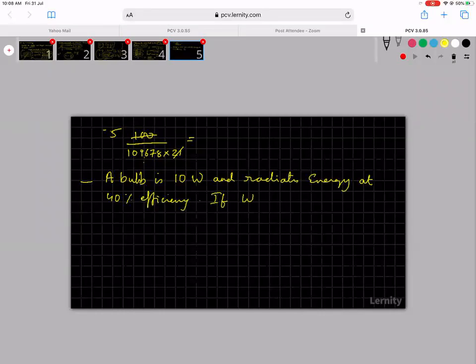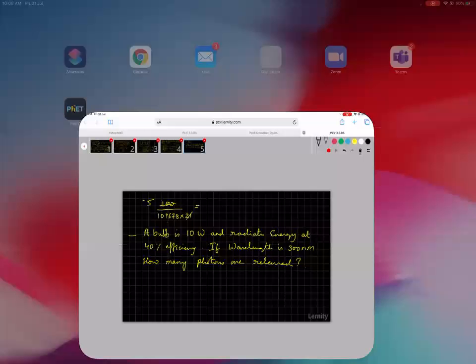If wavelength is 300 nanometers, how many photons are released?